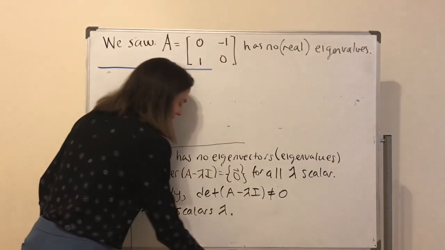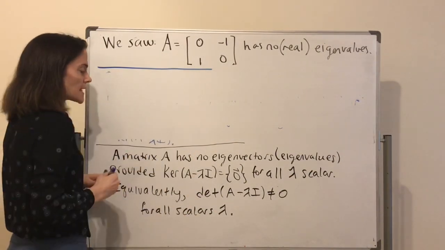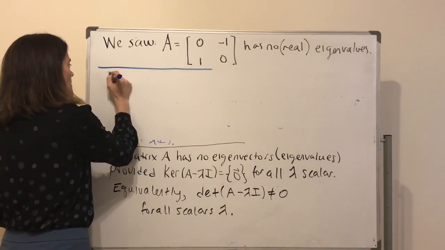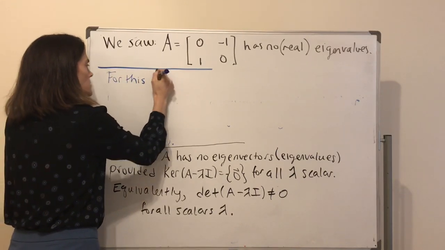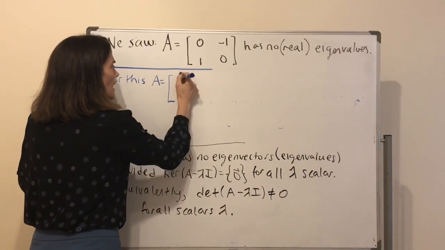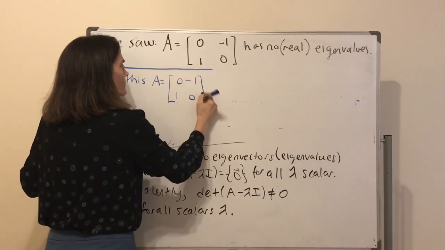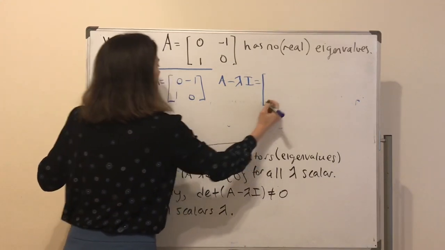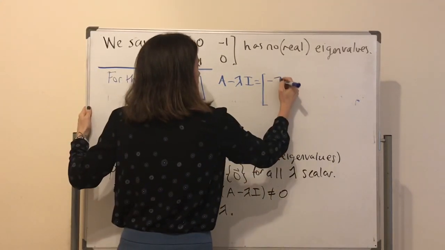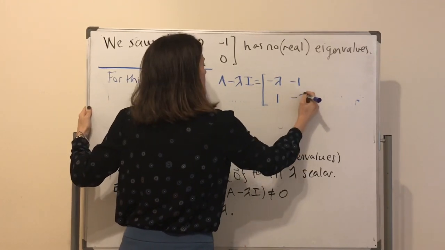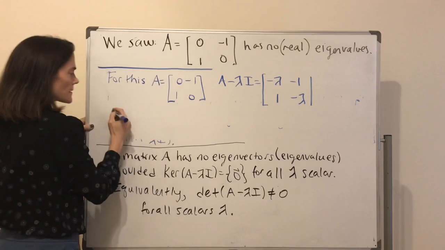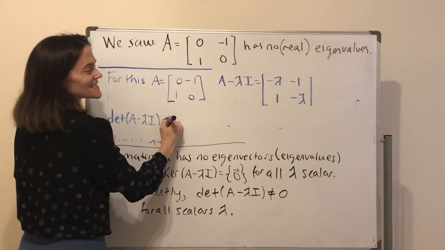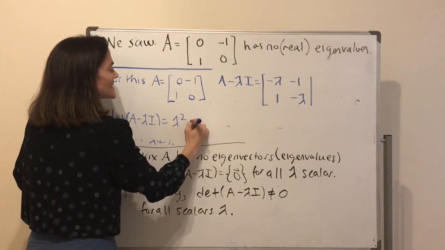This is my final comment of the day: think about this matrix. Let's calculate for this specific A. A minus lambda times the identity is minus lambda, minus 1, 1, minus lambda. And the determinant here is lambda squared plus 1.